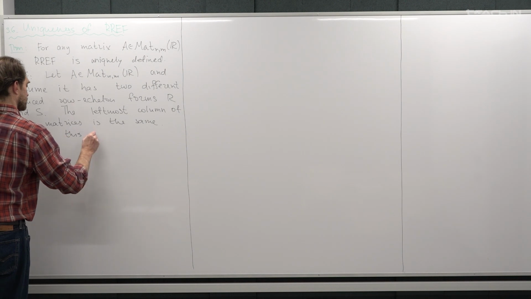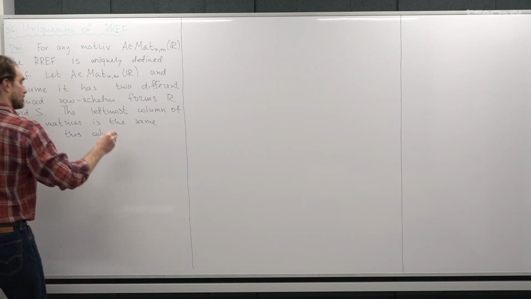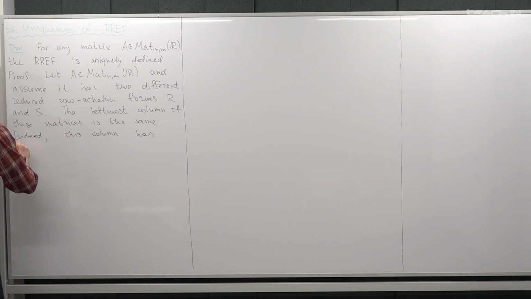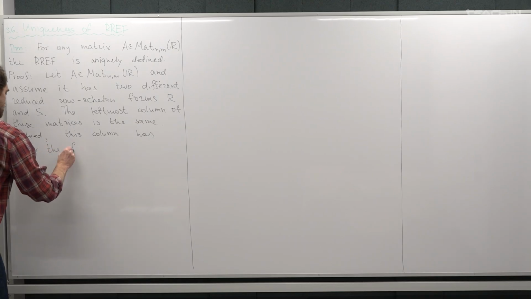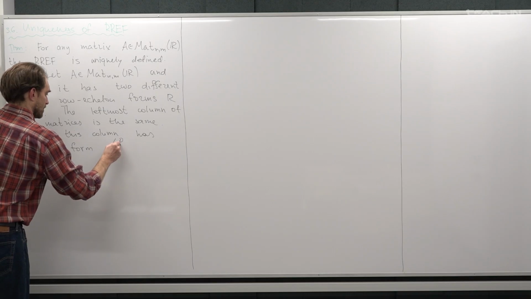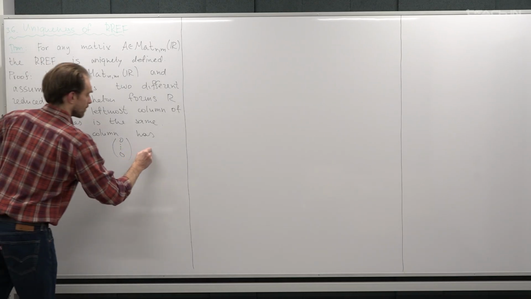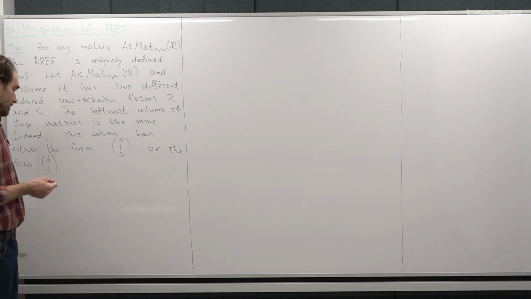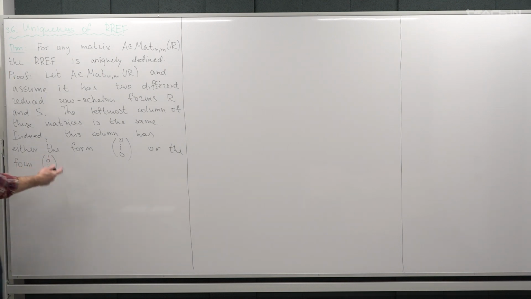This column has either the form only with zeros, or the form 1 and then zeros. Because otherwise, by applying elementary row operations, we can transform our matrix to a matrix with such a first column.